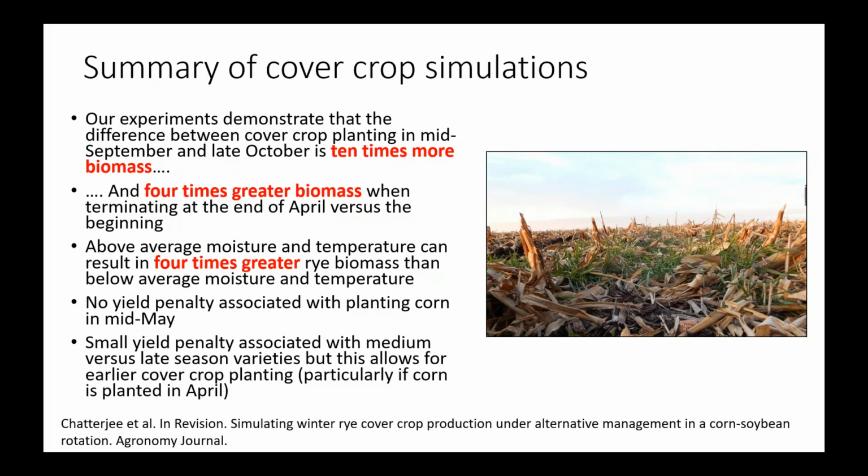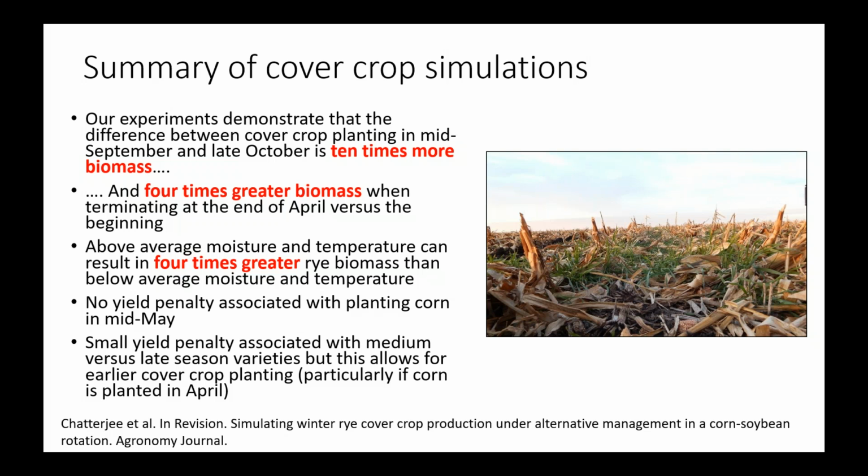And then, on the weather differences, the difference between a warm and wet or a cold and dry year was about 4 times the biomass, right? So hopefully that won't happen every year. It shouldn't from a probability standpoint, but obviously we know the weather makes a big difference.